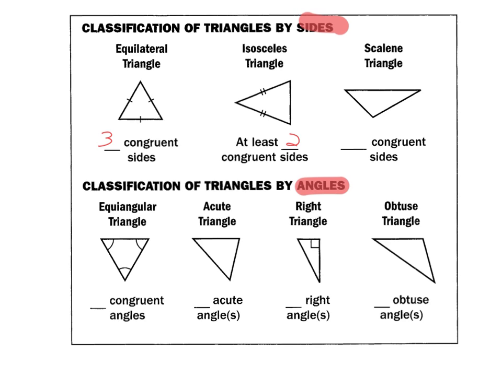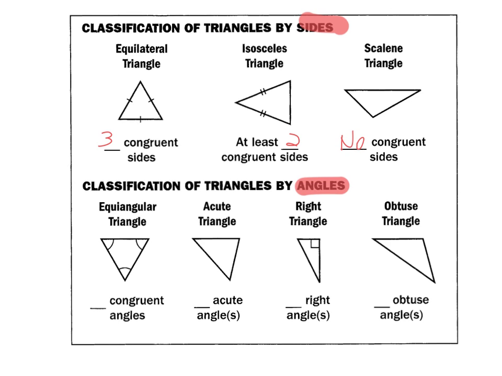So in other words, equilateral can also be called isosceles, but because of some special characteristic associated with equilateral triangles, we isolate them out, right? Scalene just means no congruent sides, so zero congruent sides.